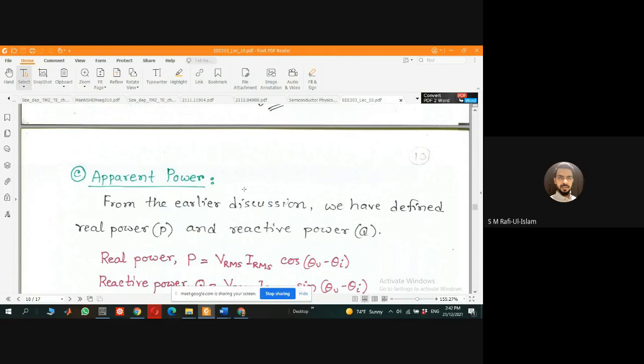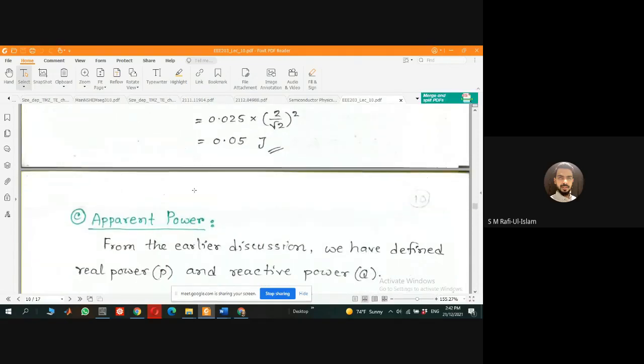The similar rating can be obtained from the apparent power, not from the real power or the reactive power, because as we have learned, real power means there is no imaginary part, and reactive power means completely imaginary. In the last class somebody asked me why reactive power is important.